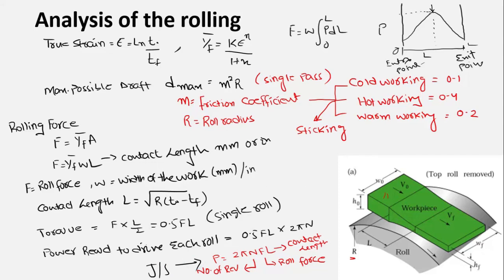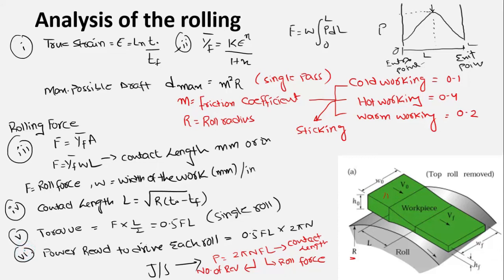Okay, now we have true strain, and we have the flow stress. We have calculated the rolling force, we have found out the contact length, and then the torque produced and the power required.